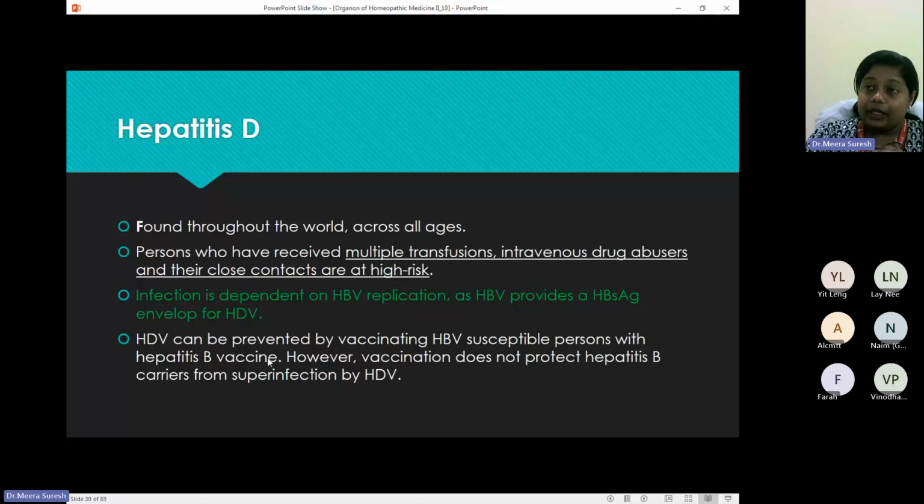And sometimes those with hepatitis B may be carriers. They may not be showing any symptoms, but they may be shedding or have these organisms present in their body. So even if they take the vaccine, it won't help, because mostly they won't take the vaccine if it was not taken at birth. If hepatitis B is already present in that person, HDV can get in and cause the infection. So in those people, the vaccine is not going to help.